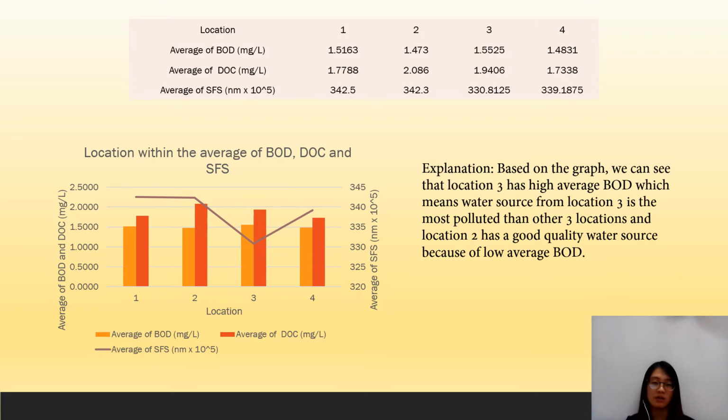The average of DOC from location 2 is the highest and from location 4 is the lowest of the 3 locations. Next is the average of SFS. The average of SFS from location 1 is the highest of the locations and the lowest average of SFS is from location 3.